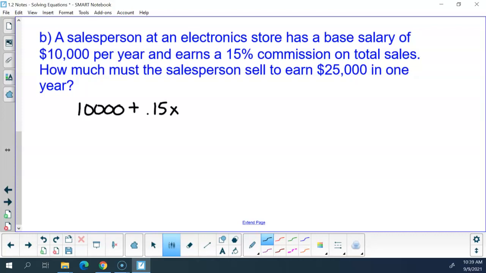And we want to make $25,000, or he wants to make, or she, or whoever wants to make $25,000. So first we're going to subtract off 10,000.